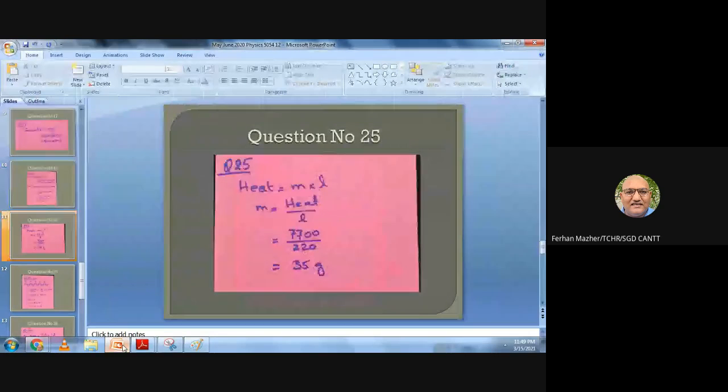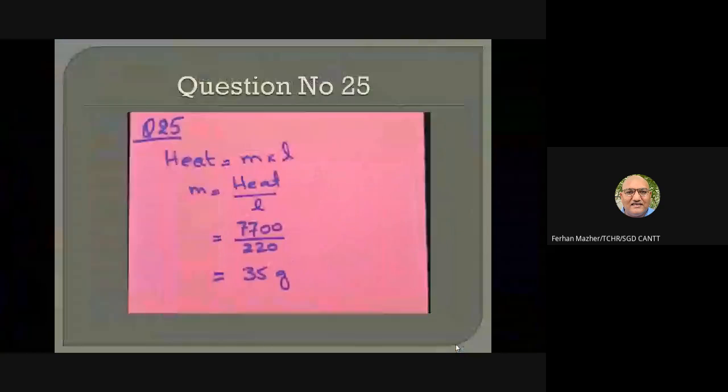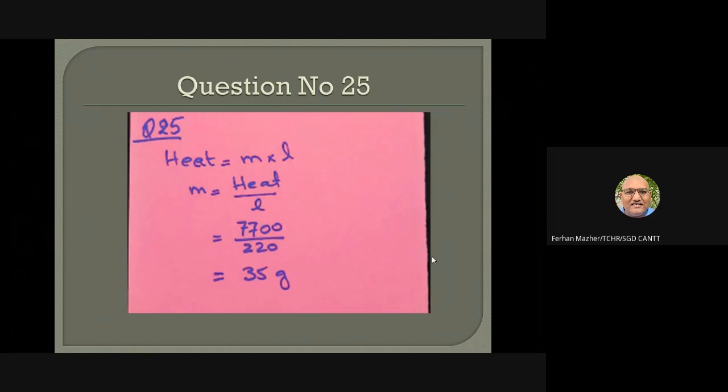Let me show you. When the state change is taking place, we can use the formula heat equals mL, where m means mass and L means the specific latent heat. So if I want to find m, the L will go to the other side and divide.